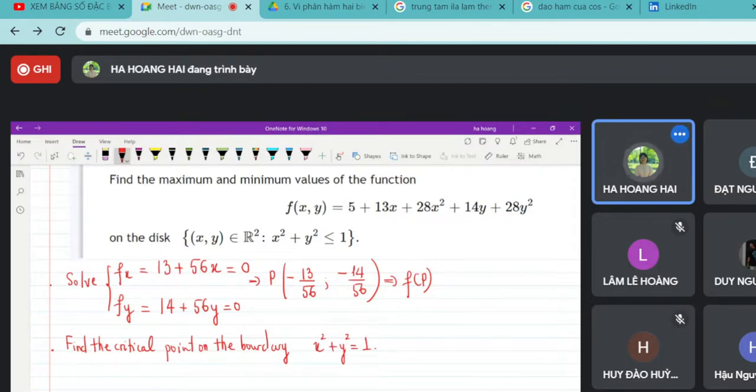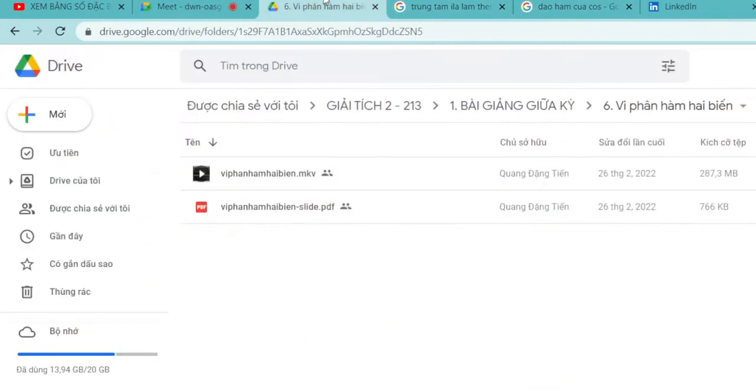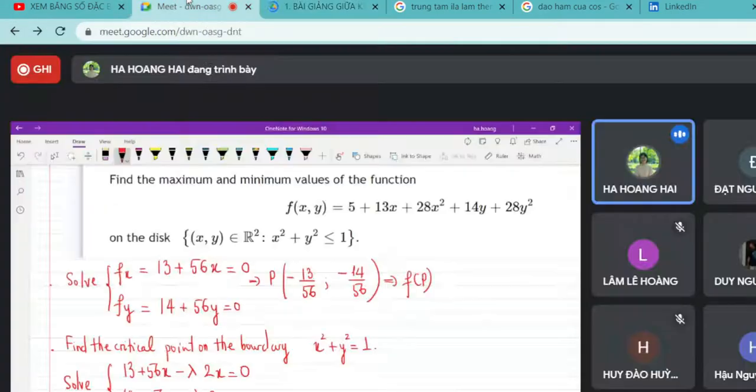In order to use the Lagrange method, we need to show the system. Sorry, we need to take the derivative. We have fx minus lambda 2x equal to 0, and also fy minus lambda 2y equal to 0.